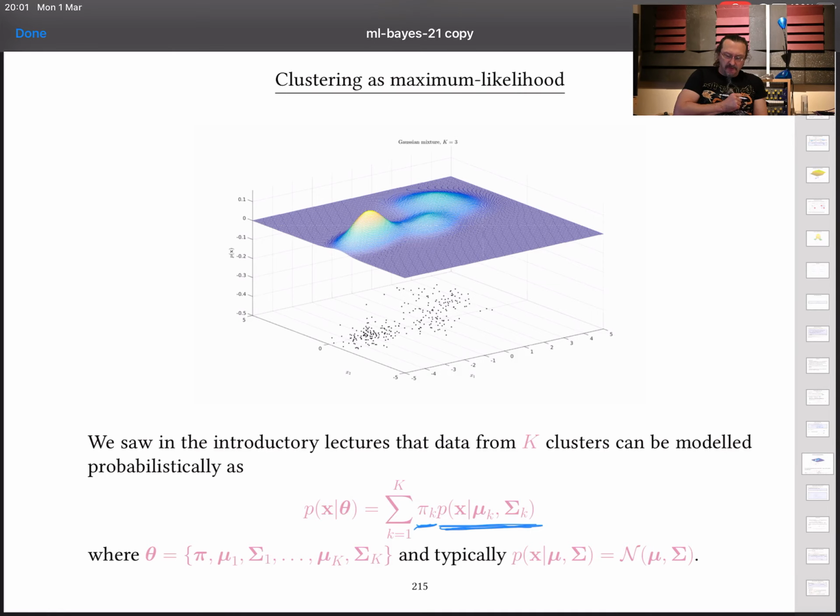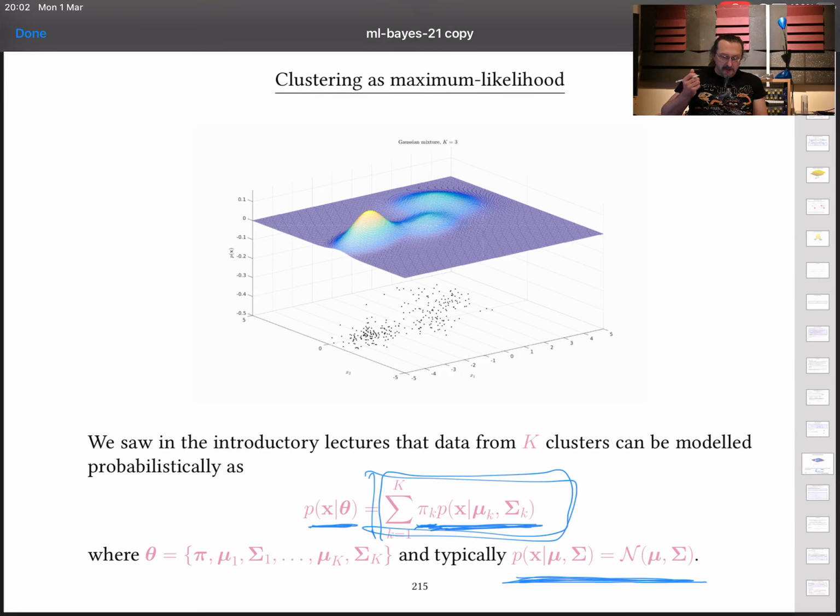And my overall probability density describing the probability of some vector being generated, given theta, which is all the parameters involved, just looks like this. Okay, this is a straightforward expression in probability.